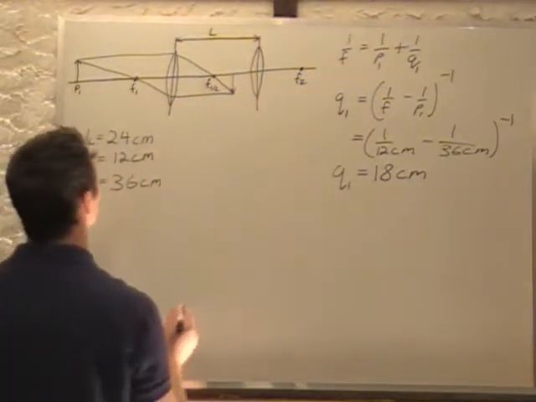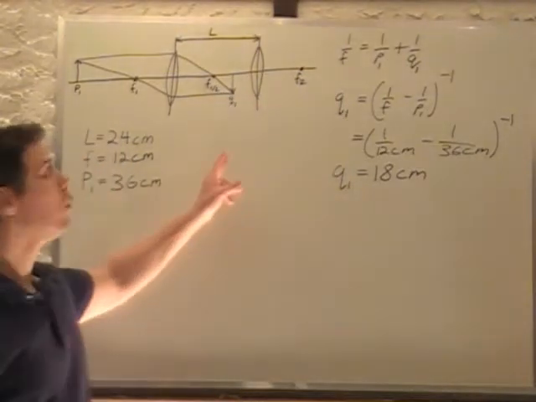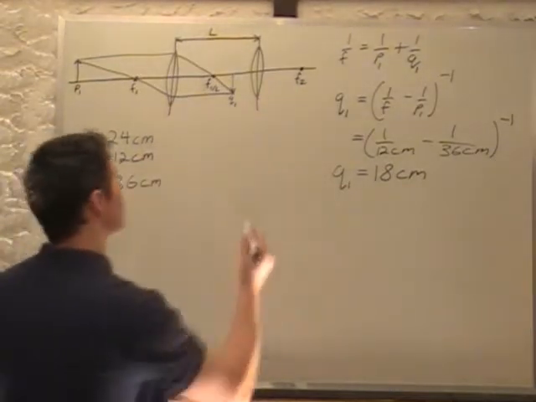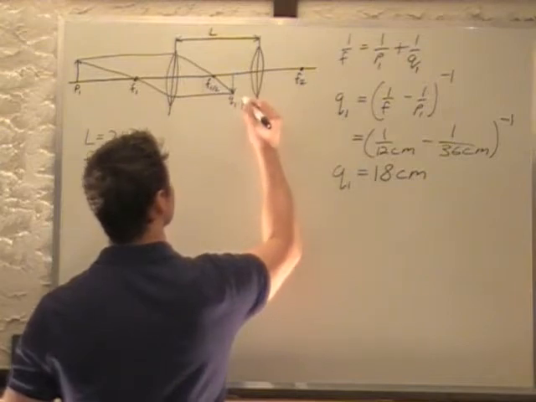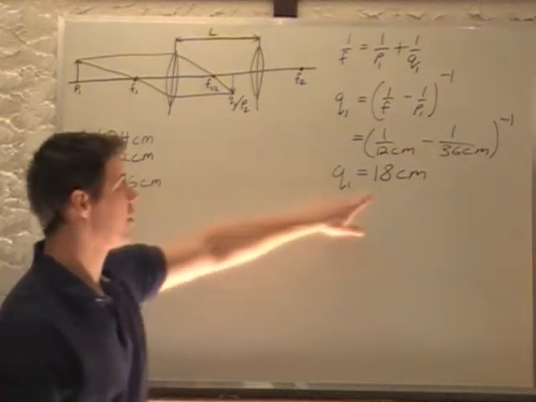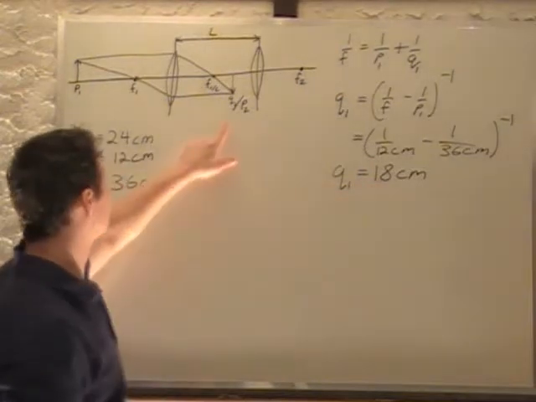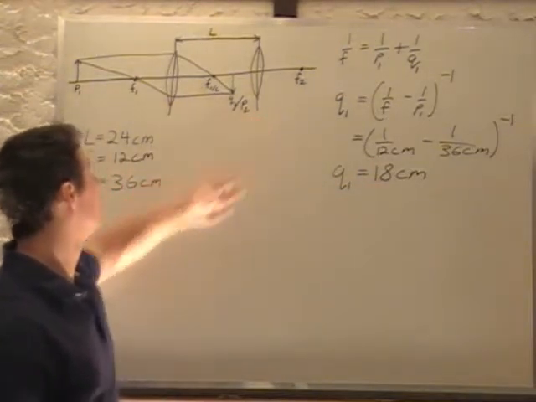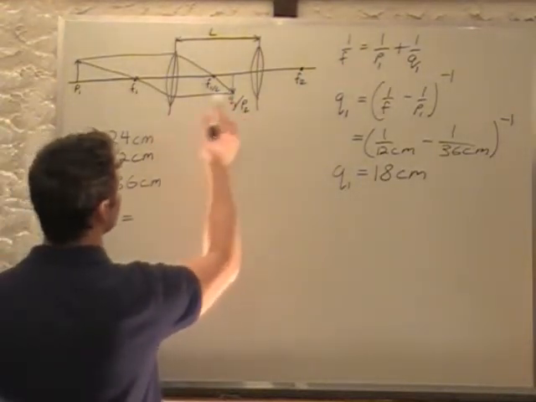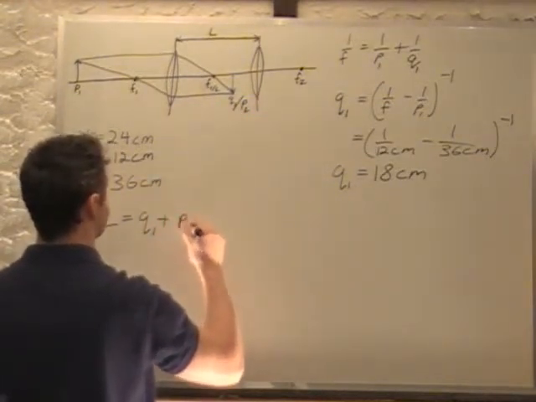So we can call this now Q1. But that Q1 becomes P2. That becomes the object for our second lens. So we'll call it Q1 slash P2. Now we need to figure out the distance. P2 is not just 18 centimeters, because we're not 18 centimeters away from this lens. We can say that this distance, this length L, is going to be equal to Q1, because this is Q1 to here, and P2 to there, plus P2.